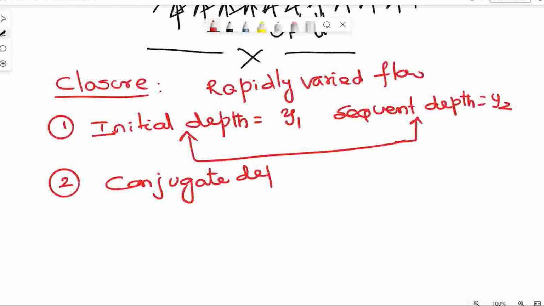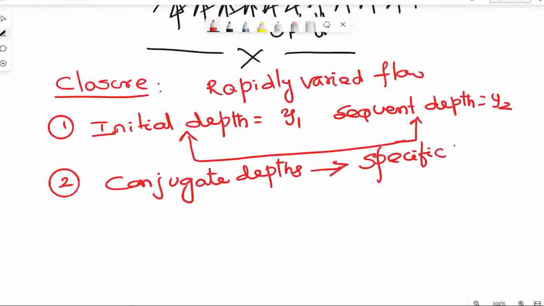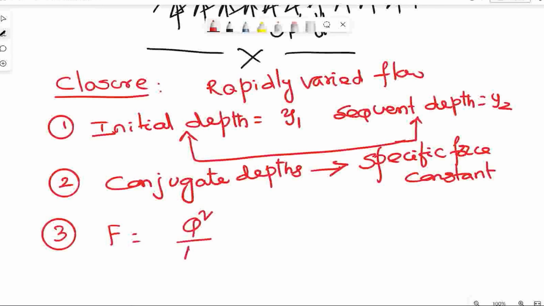What do you mean by conjugate depths? Specific force same, specific force constant. Then what is specific force? Specific force F is equal to Q square by AG plus A Z bar.